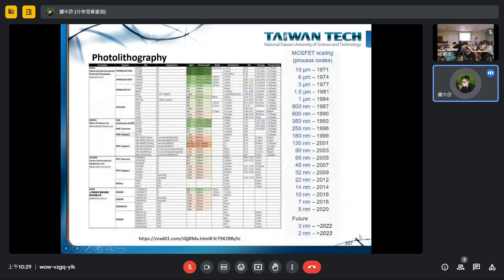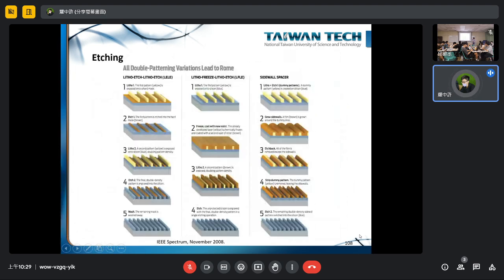And these are some photolithography systems. Also for etching, because we want to scale down, if you have one periodicity, for example 20 nanometers, how do you achieve 10 nanometers? This is called a litho-etch.